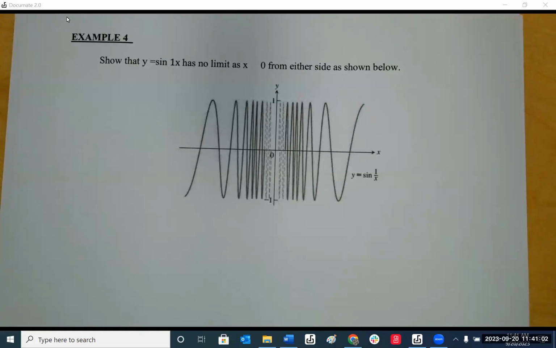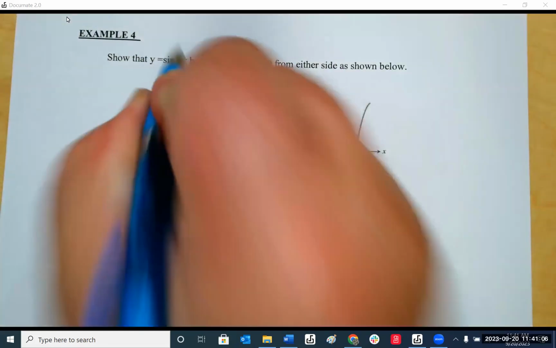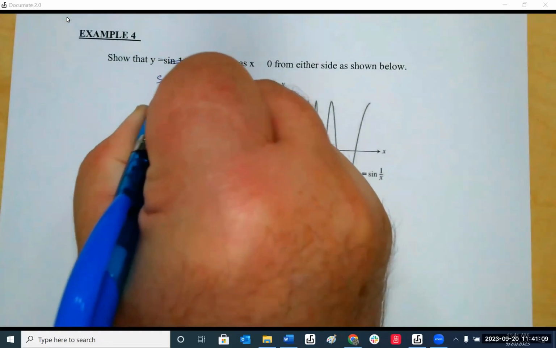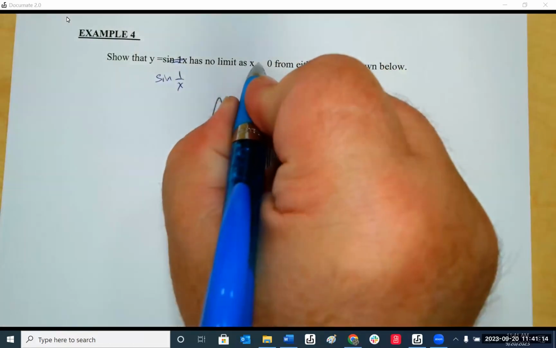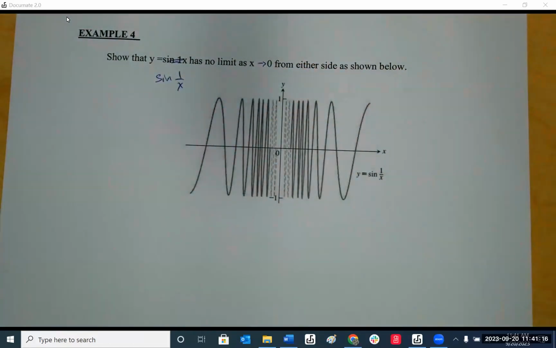Show that the sine of 1 over x has no limit as x approaches 0 from either side, as shown below. Why does it not have a limit? Exactly. I'm glad you said that.